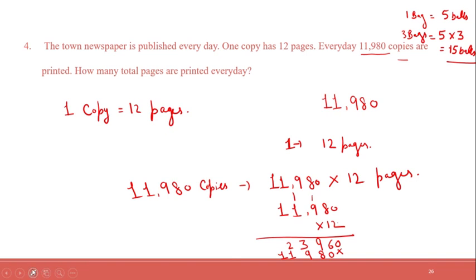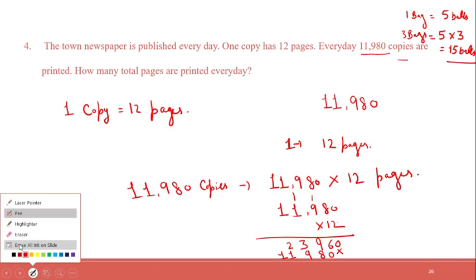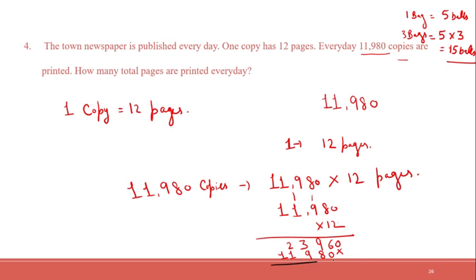Now just add this, right? This is how we do multiplication. 9 plus 8 is 17. 7 here, 1 carry here. 9 plus 1 is 10, and 3 is 13, 3 here, 1 here. Now 2 plus 1 plus 1 is 4 here, and a 1 here.